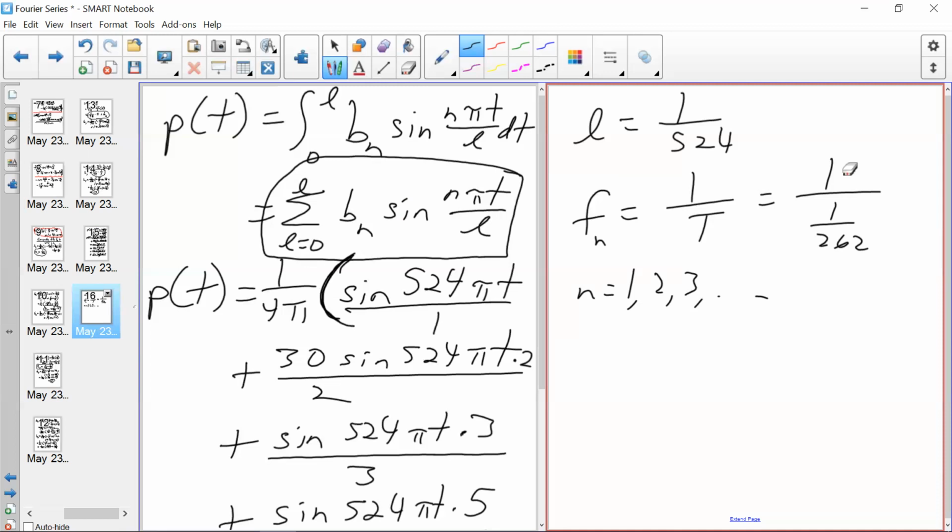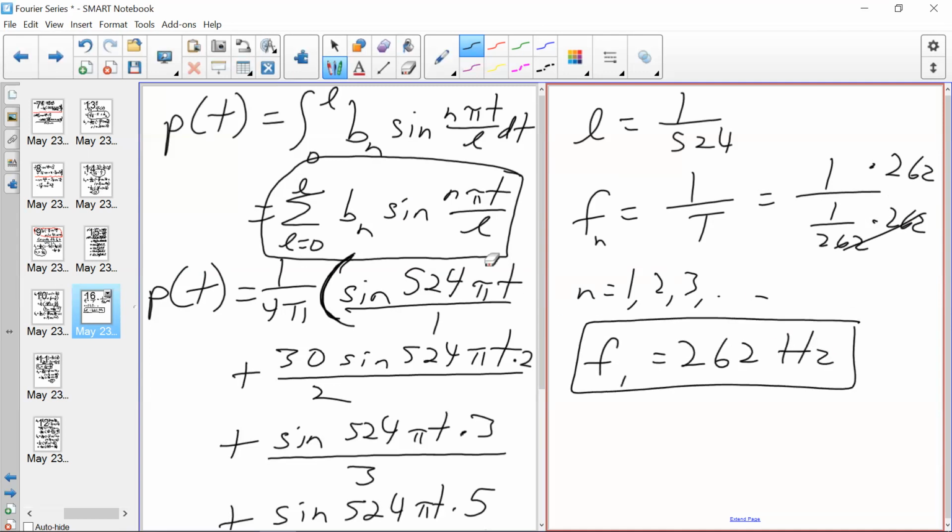Okay, so 1 over 1/262 is just 262. So get rid of that there, multiply the top and bottom. So the first frequency is equal to 262 hertz. That is the pitch of this first wave function.